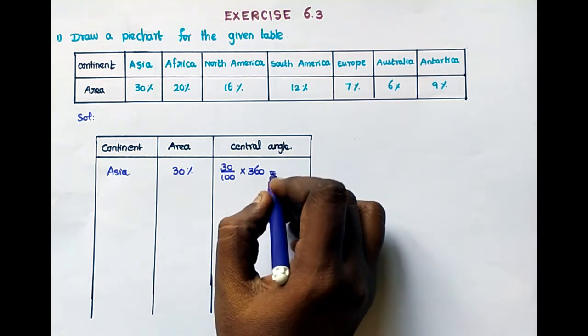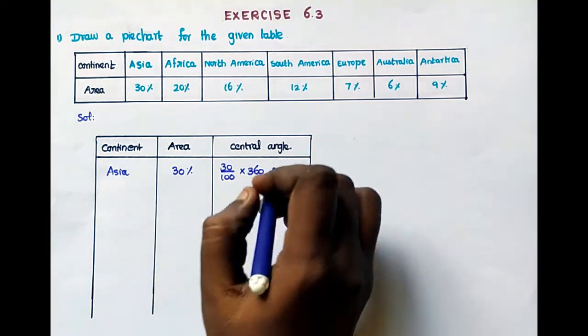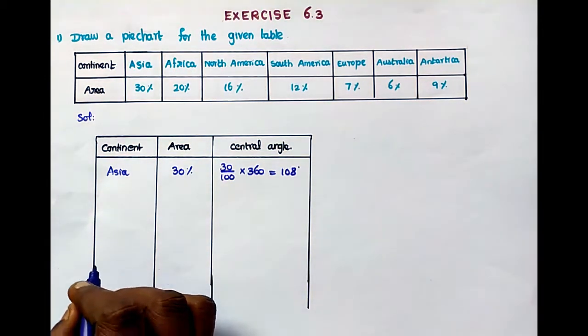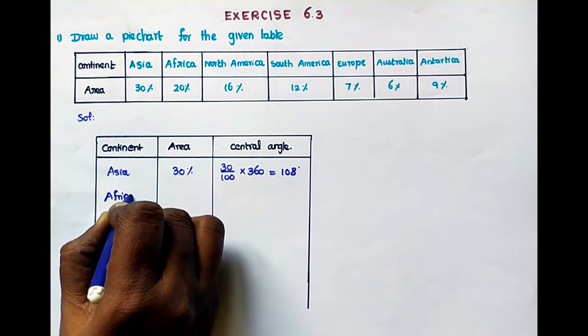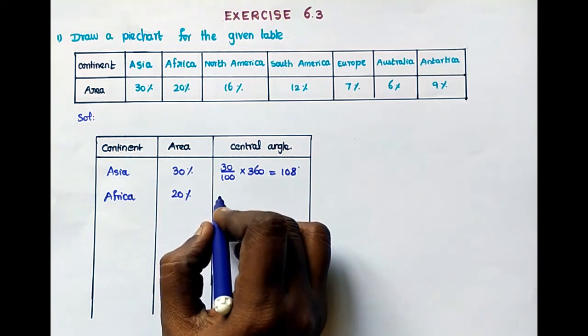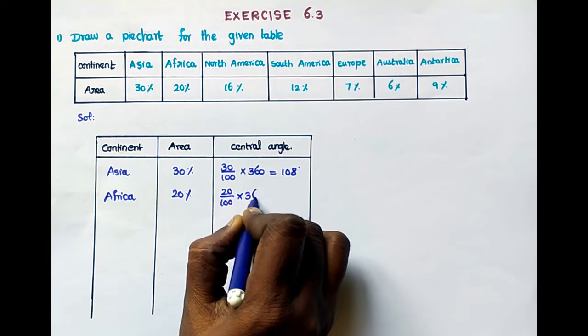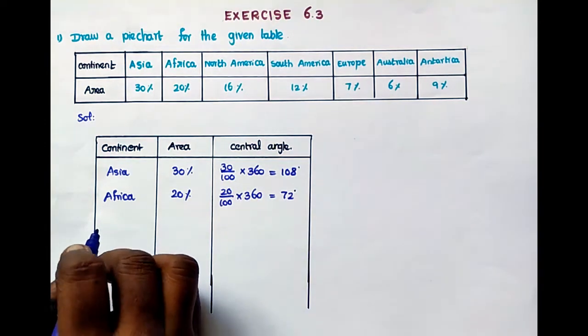That is equal to, 0 0 cancel, here also 0 0 cancel. We get 108 degree. Next Africa, 20%. That means 20 divided by 100 into 360. We get 72 degree.